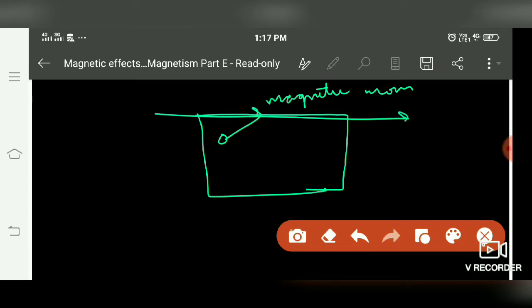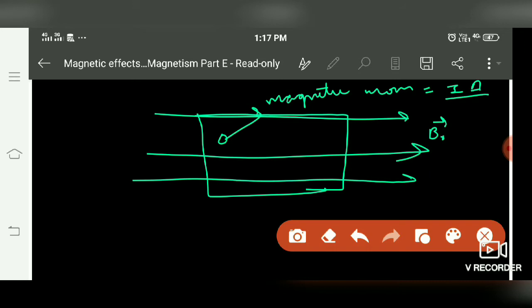In presence of an external field, as we know, the magnetic moment is IA. In presence of an external field, this magnetic moment tends to lie in a particular direction. This is called magnetic induction.